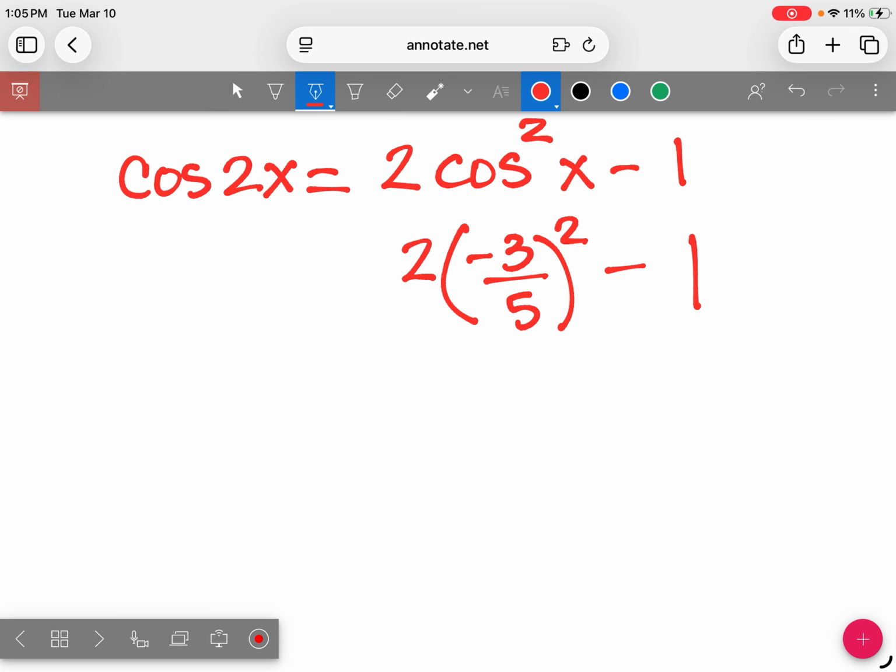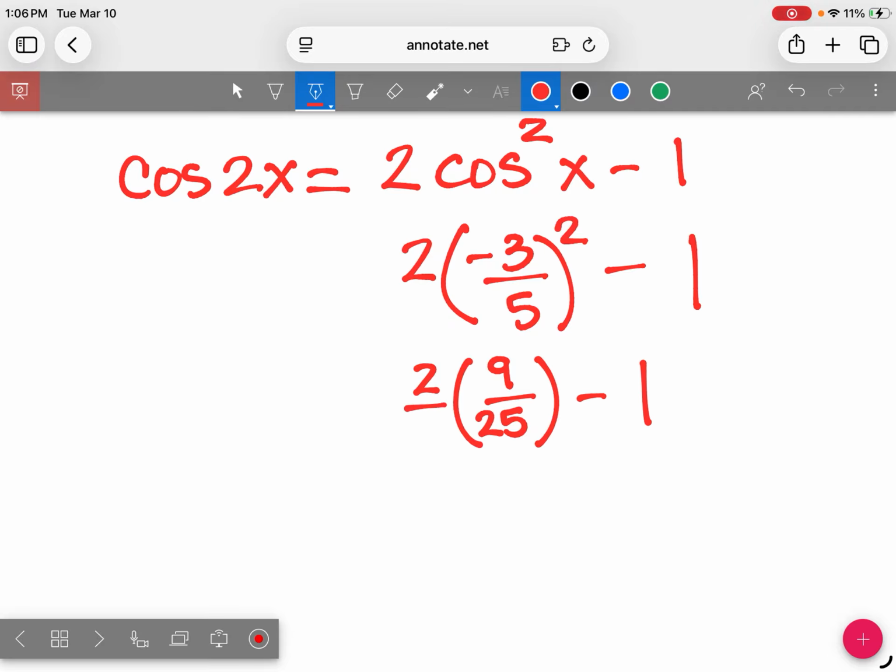First thing you're going to do is square 3/5. When you square 3/5, that means you're going to square the 3 and you're going to square the 5. What would that give you? Ooh, negative 9/25 or positive 9/25. Okay, minus 1.